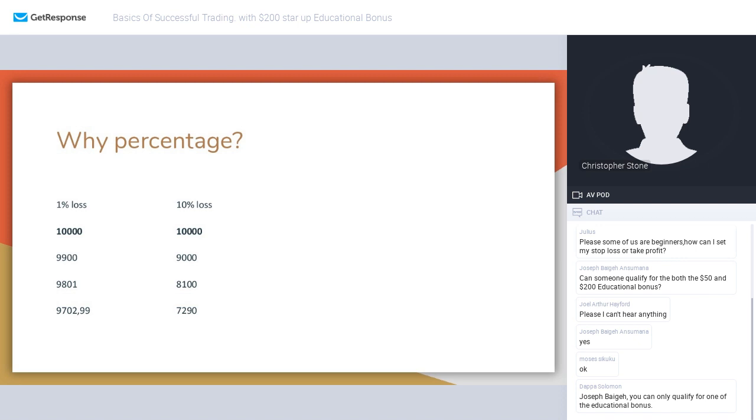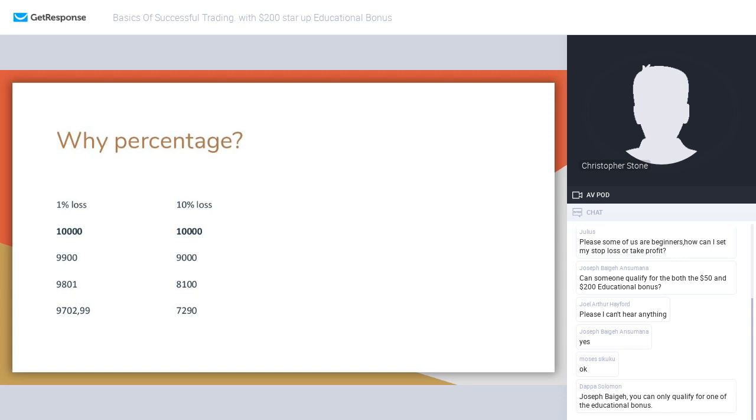You do the same thing, and if you have three losing trades in a row, there will be $9,702.99 on your account. But if you try the same thing, risking 10% of your amount, you will lose $1,000 and have $9,000.